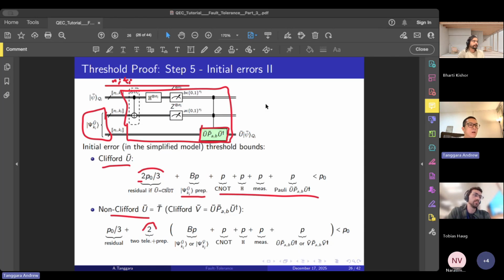Sorry, so your question is whether I want to implement something lumped up, if I have CNOTs and Hadamards and I lump all those up into this U bar, or decompose them one by one?